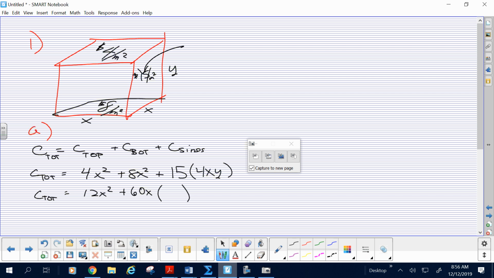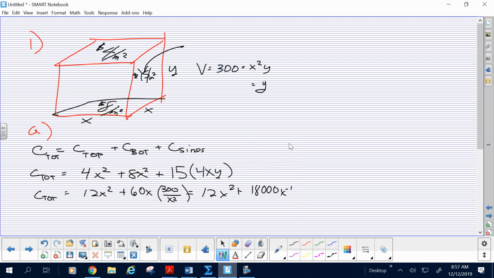Yeah, the volume is 300, and that's x squared y, so that implies y is 300 over x squared. So simplified, that's 12x squared plus 18,000 x to the negative first. All right, that's A. I imagine we're going to now minimize costs.